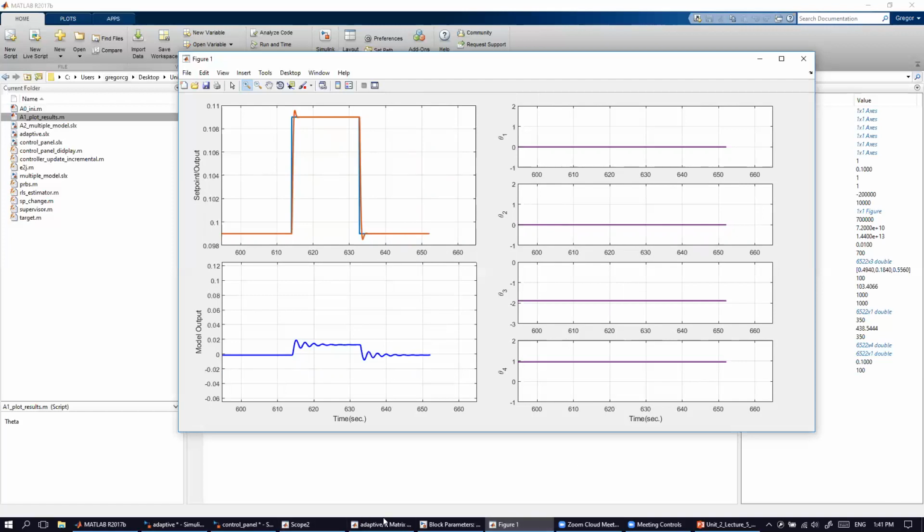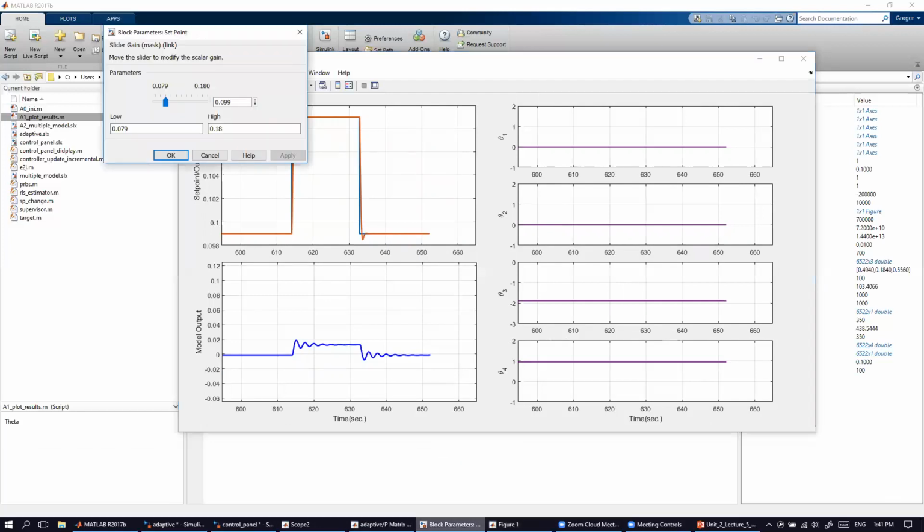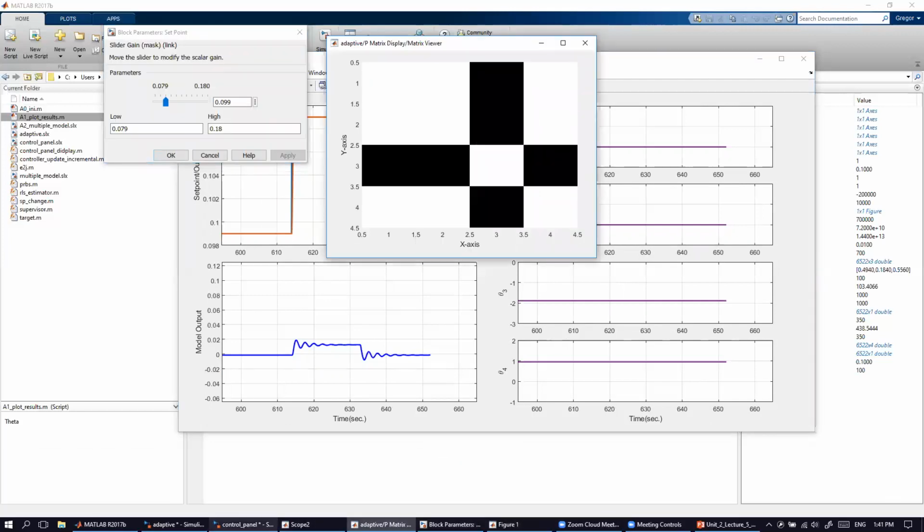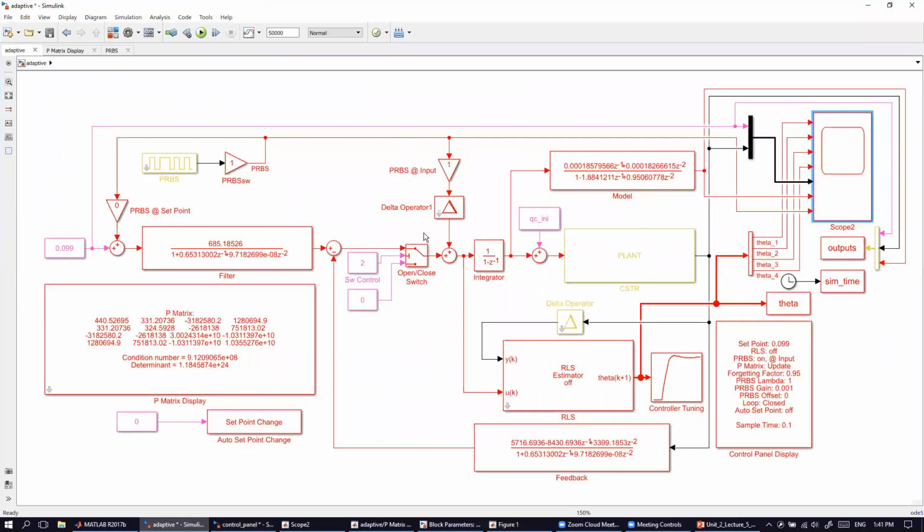Okay, let's take a look. So, look, here is the PRBS. It is injected either at the set point, but in this case, it isn't. The PRBS is injected in front of the system, in front of the plant.